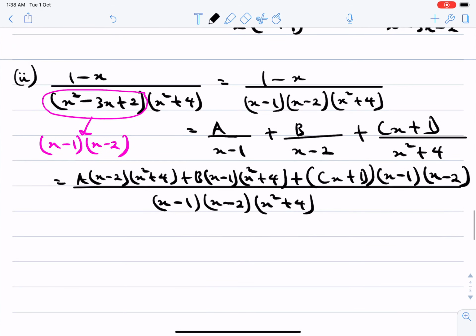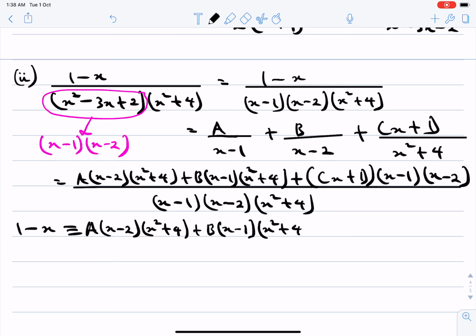Now, this means 1 minus x is equivalent to a times x minus 2 times x squared plus 4 plus b times x minus 1 times x squared plus 4 plus cx plus d times x minus 1 times x minus 2.